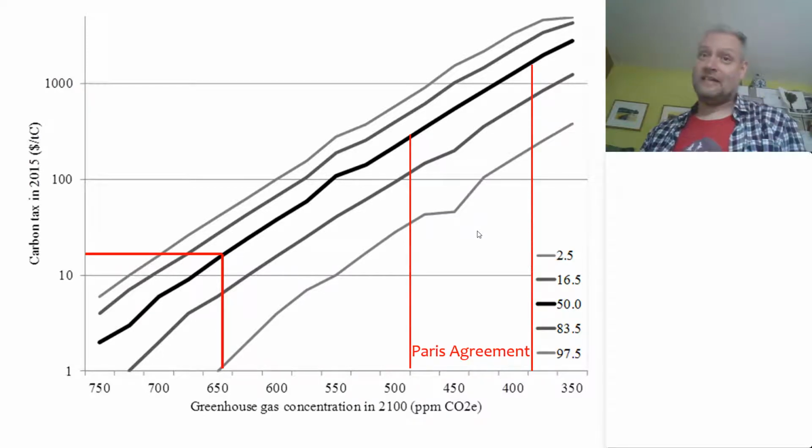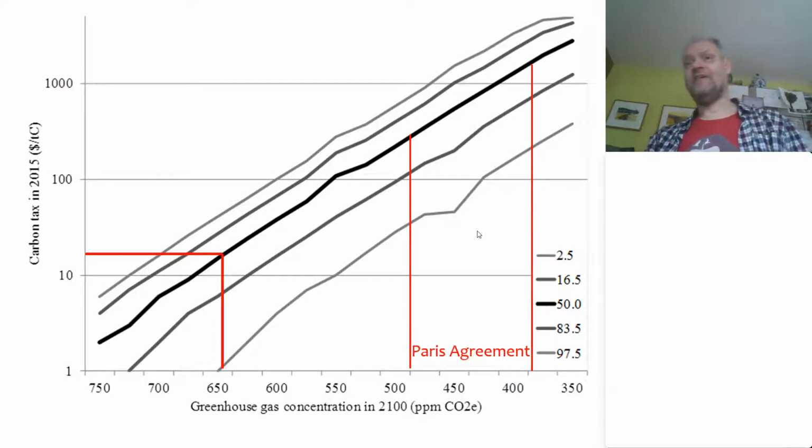Or in different words, we should impose a carbon tax of well over $100 per ton of C, but maybe over $1,000 per ton of C. This is very, very far away from both our estimates of the social cost of carbon and current carbon prices around the world.